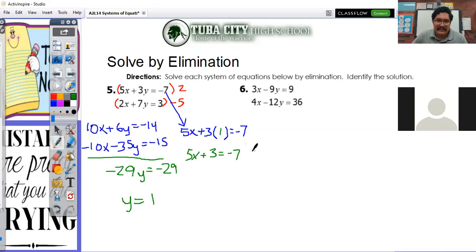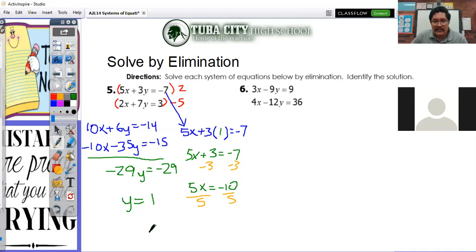Well, okay, timesing something by 1 is pretty easy. Or wait a minute, did I? Okay, I guess that works out. -3 on both sides. So 5x equals -10. And divide both sides by 5.